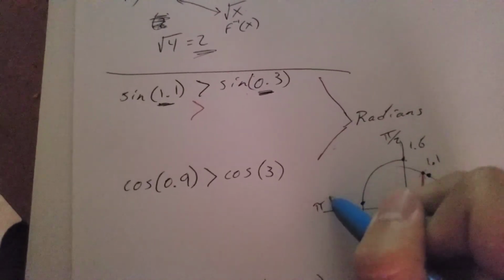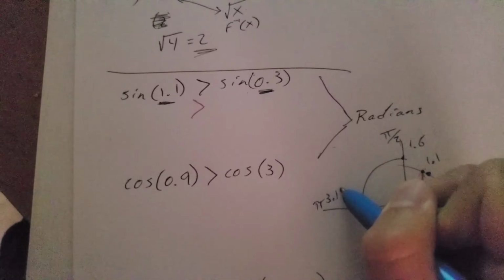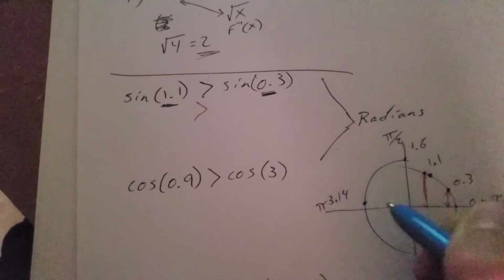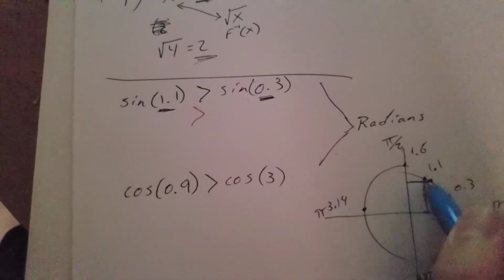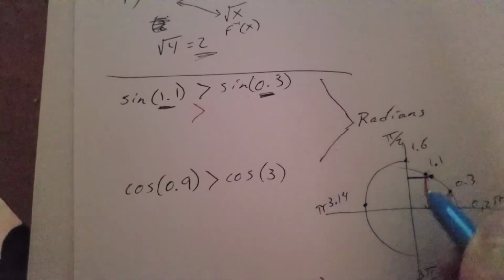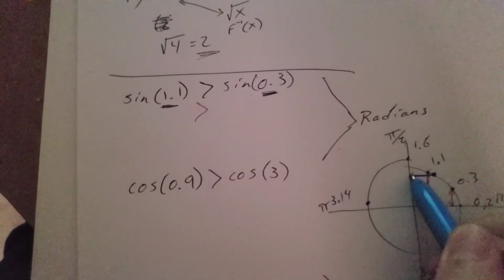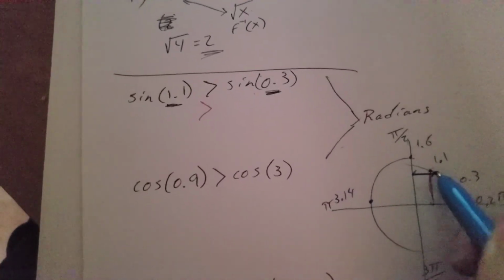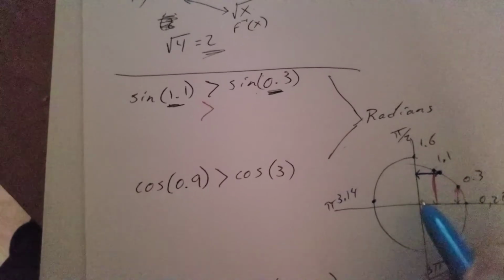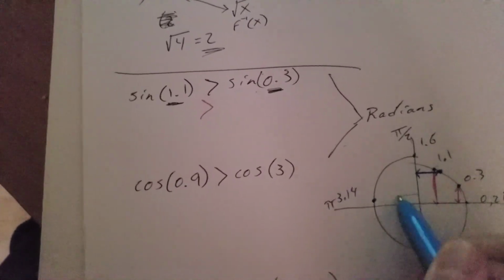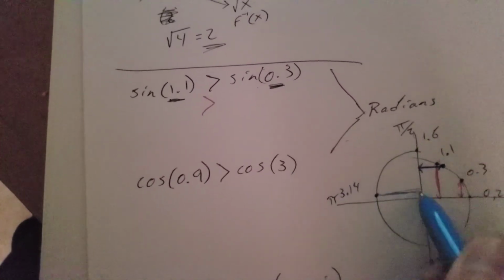Remember that pi is 3.14, so it's pretty close here. On the x values, 1.1 takes up pretty much from here to here. I don't know the specific value, but I can say it's this value. And for the other point, it's from here to here.